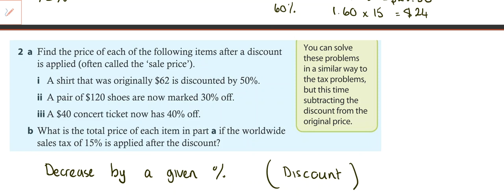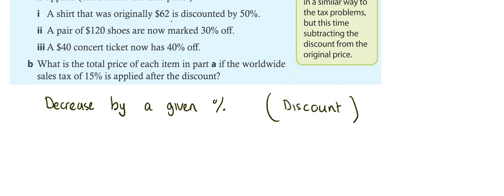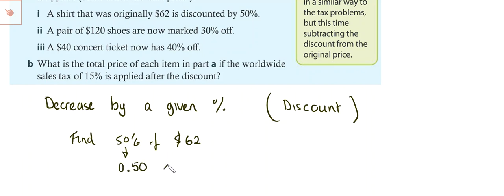Okay, have a go. So, a shirt is $62, discounted by 50%. So we are going to find 50% of $62. What have we been doing? Turning that into 0.50, multiplying by $62.